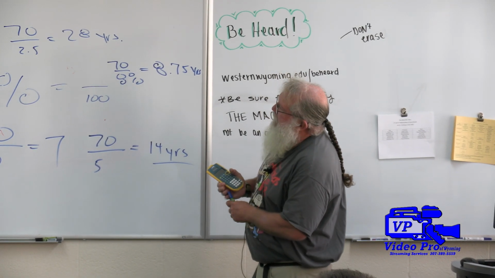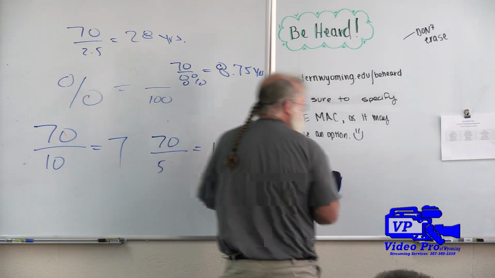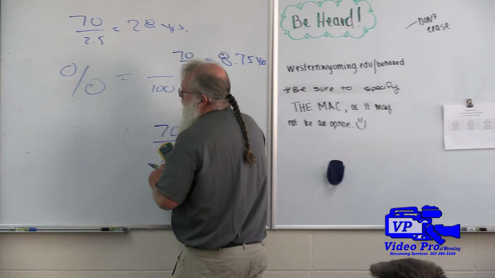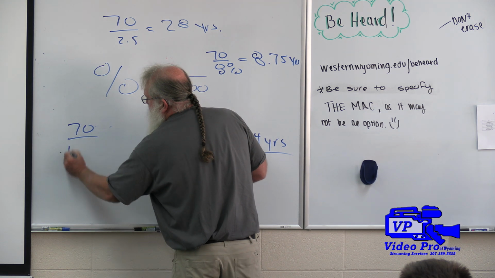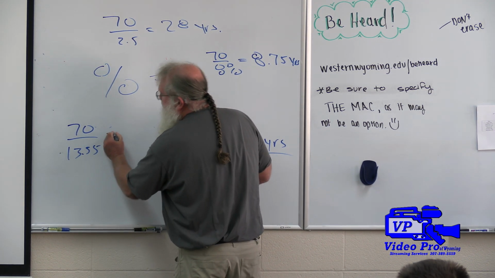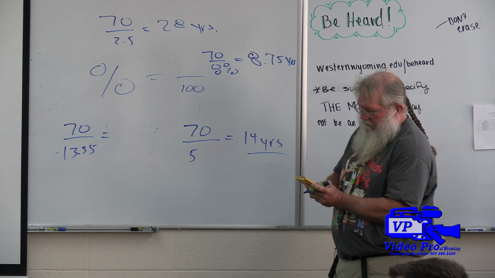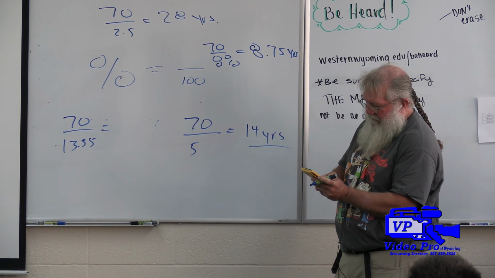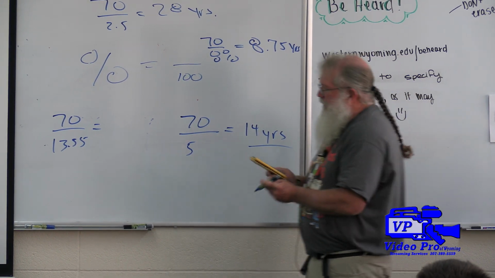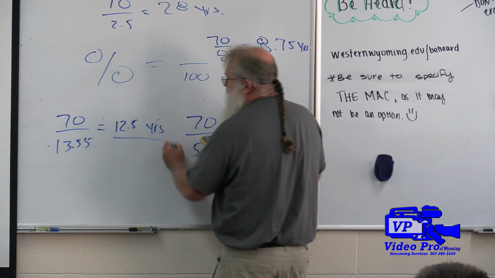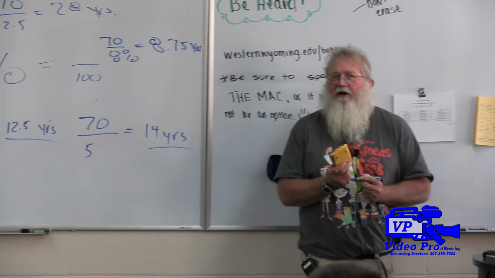At 13.55% in the 80s, 70 divided by 13.55, we're doubling about every 12.5 years. That's a pretty high doubling time.